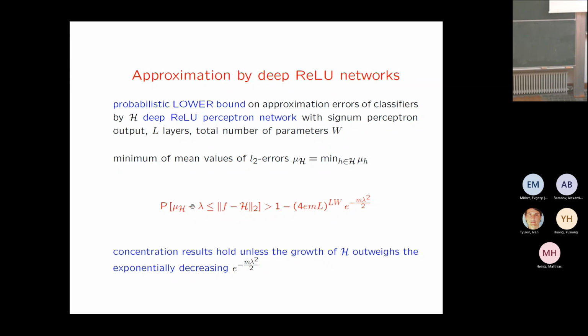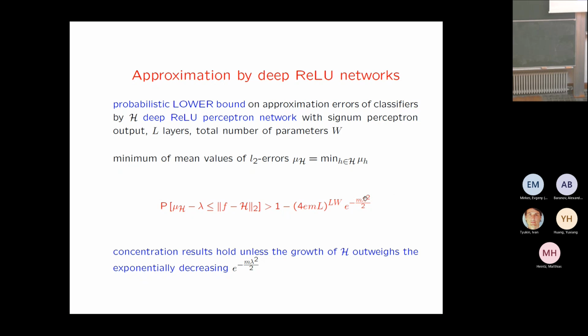that's probabilistic, that with probability, and now we have 1 minus, and here is the upper bound on the size of the set of input functions multiplied by this exponentially decreasing size of polar caps, let's call it this way.